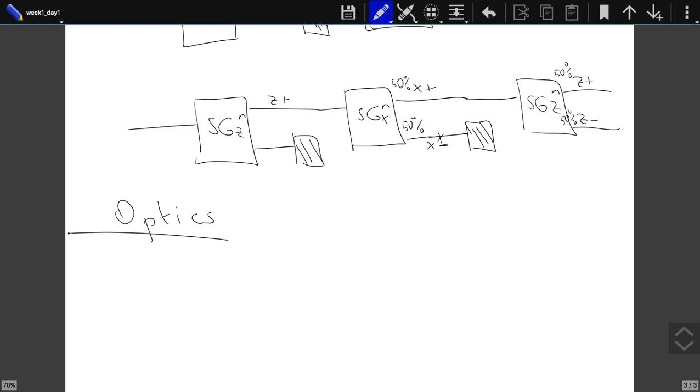Do you remember your optics courses? Polarizers. Do you know what polarizers are? Have you heard of them? I'm sure you have all used them. Do you know where you are using polarizers?